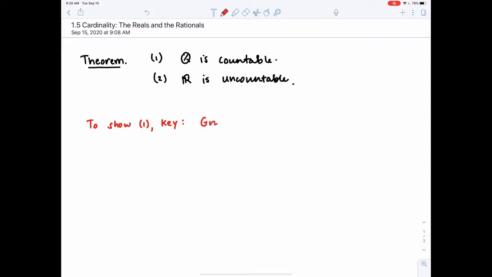We want to group rationals in what I call finite chunks such that every rational appears in exactly one chunk.